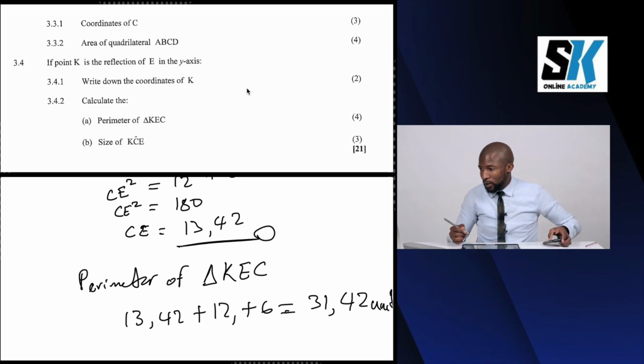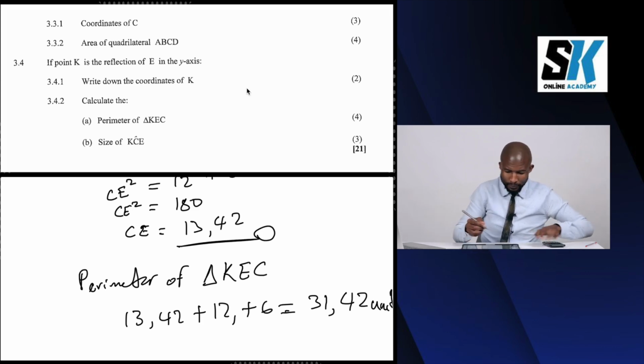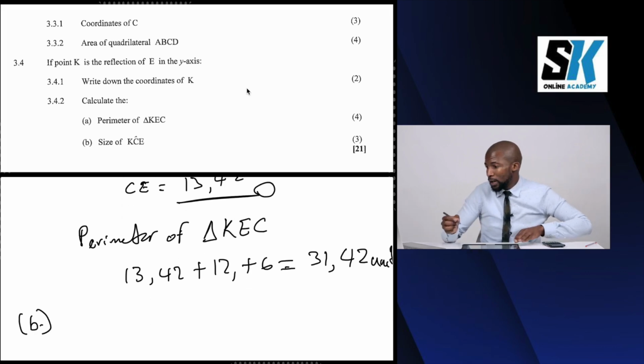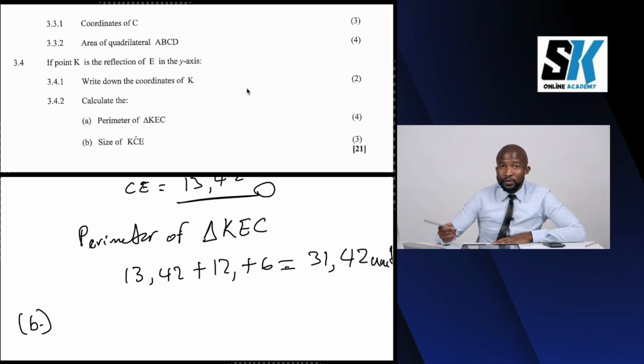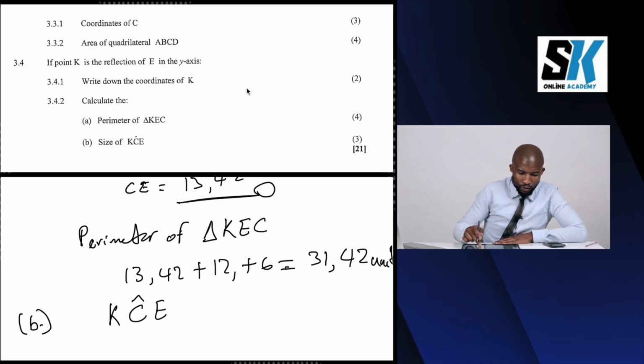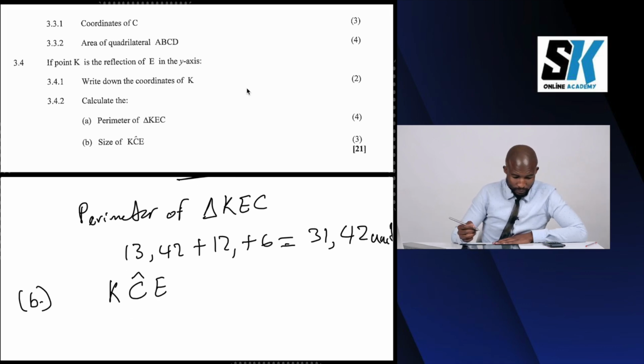And then lastly, we need to find part B of 3.4.2 as well, which is our last question on question 3. It says we need to find the size of the angle KCE, which is the angle there.